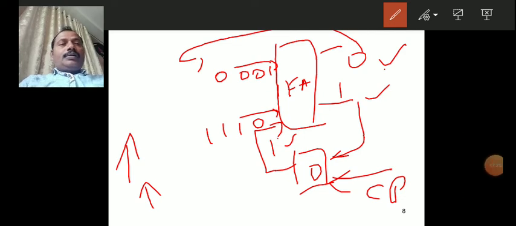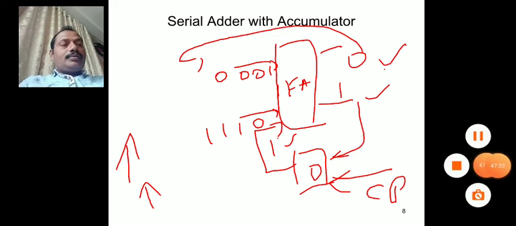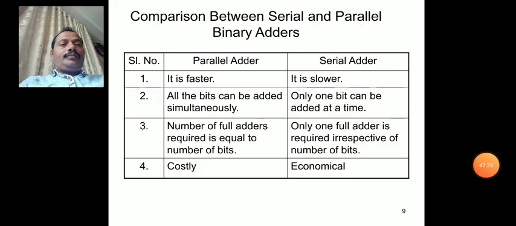Okay, with this let us compare serial and parallel binary adders. Parallel adder is faster, serial adder is slower.